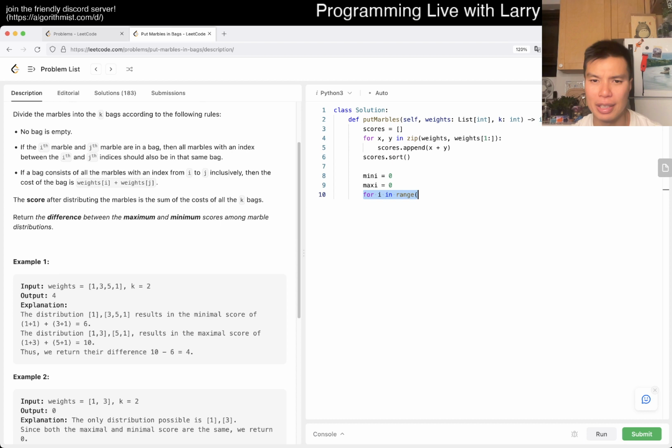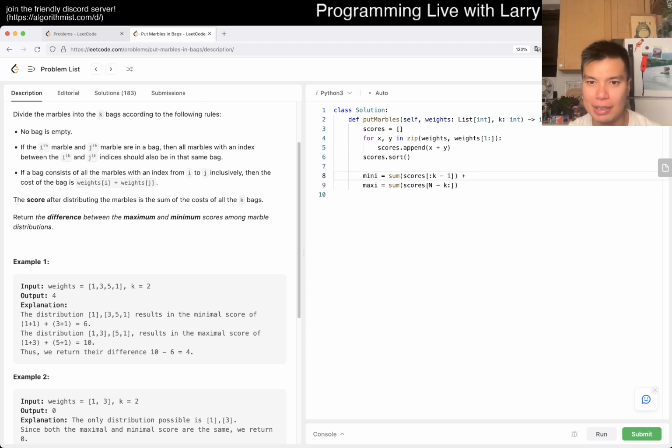Yeah, we could do it in a couple of ways, right? Actually, mini is equal to just the sum of the first k, I was going to write out a for loop, trying to be too clever. Mini is the first k, it's k minus 1, and the maxi is the last k, so this is going to be n minus k, something like this. Maybe I'm off by 1 here, to be honest.